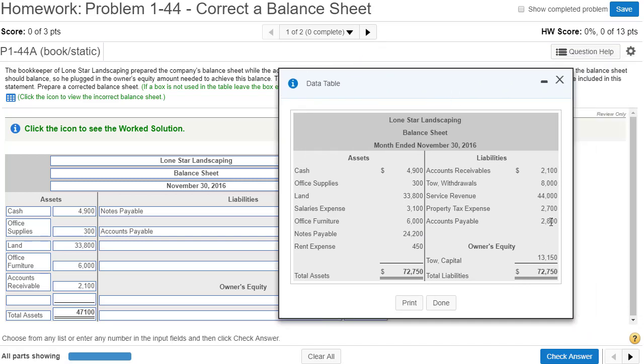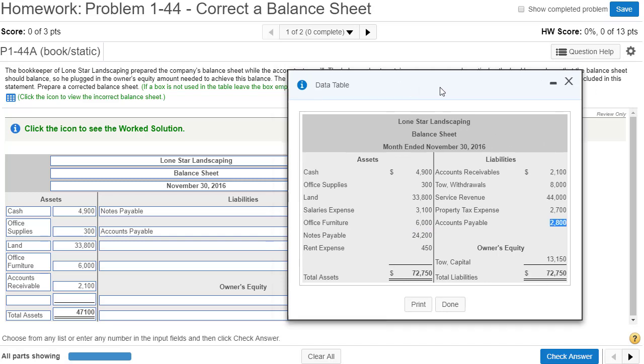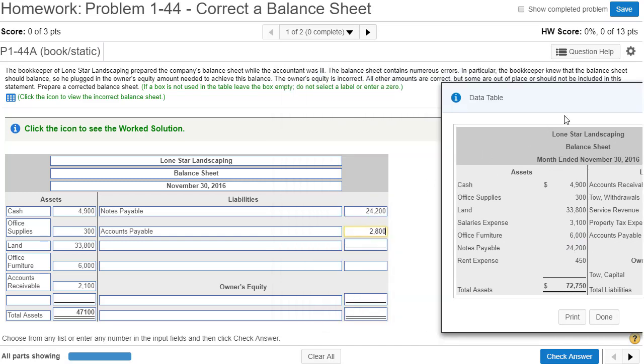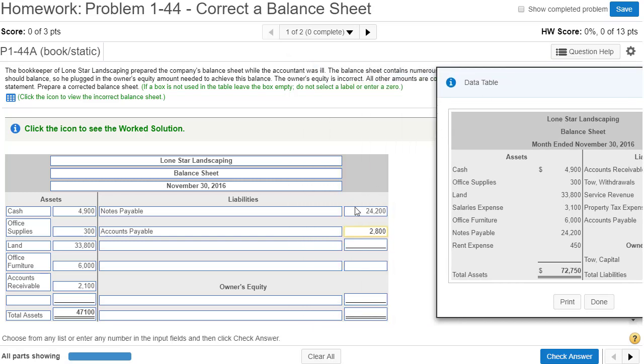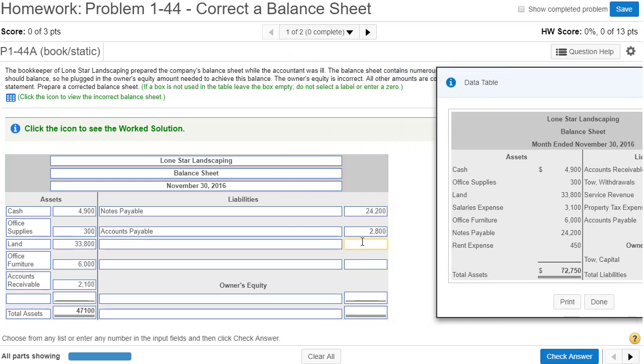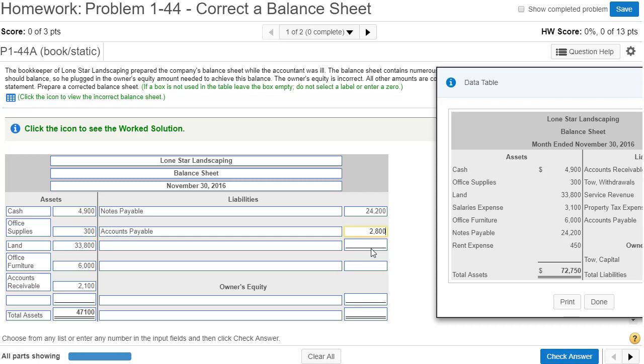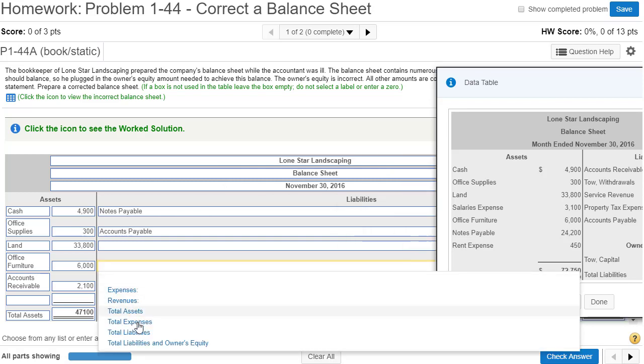Accounts payable, 2,800. And do you see any other payables? I do not. So that's all the liabilities that the company has. So we'll leave this row blank. Notice there's this horizontal line, so that means we need to do a mathematical operation. In this case, we're going to add those. So that looks like $27,000 of total liabilities.